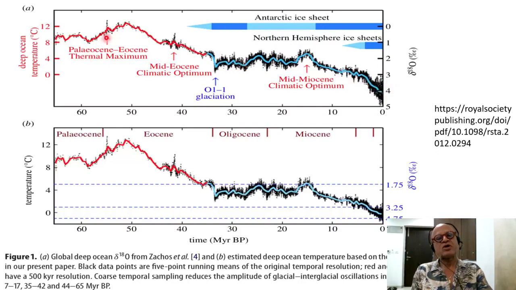So we are talking about lower resolution as you go back in time in terms of the reconstructions, but you can see the mid-Eocene climate optimum here, the Oi1 glaciation that shows a cooling, and then there is the mid-Miocene climate optimum, and then a more rapid cooling here. We'll keep zooming into these time scales, but the Antarctic ice sheet began to grow somewhere around here.